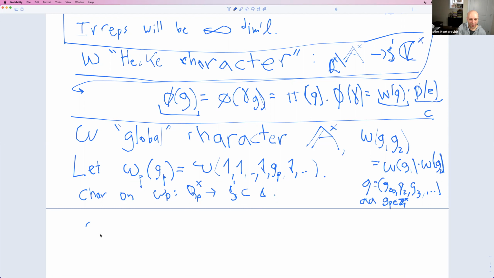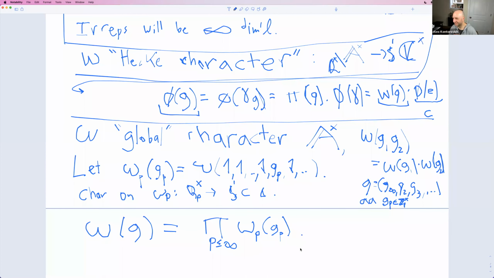That means we can take omega of g and write it as a product over all p less than or equal to infinity of omega p of g_p. Is this clear?